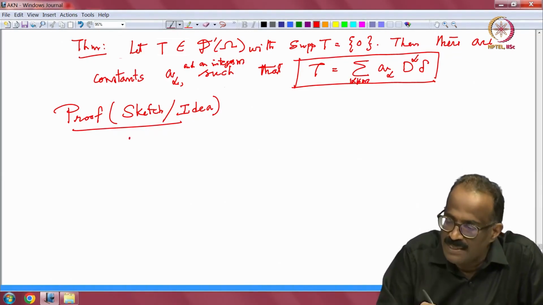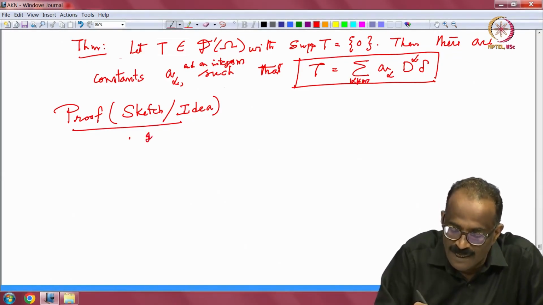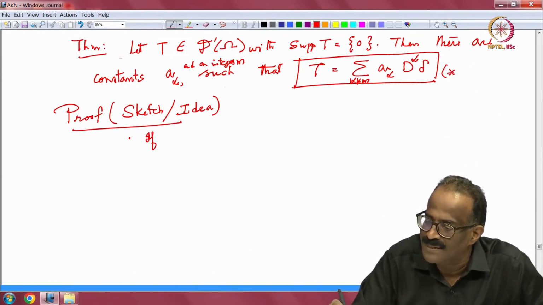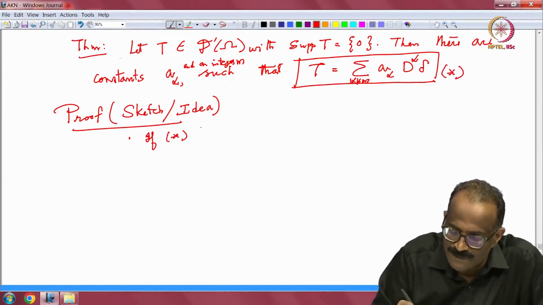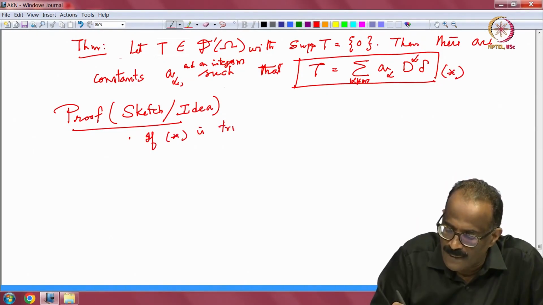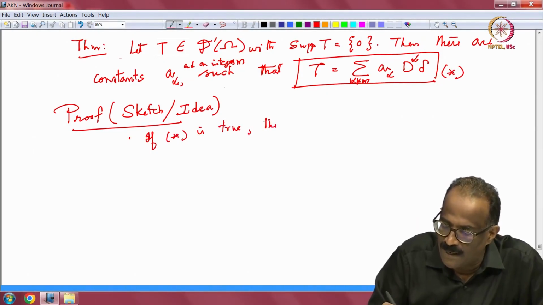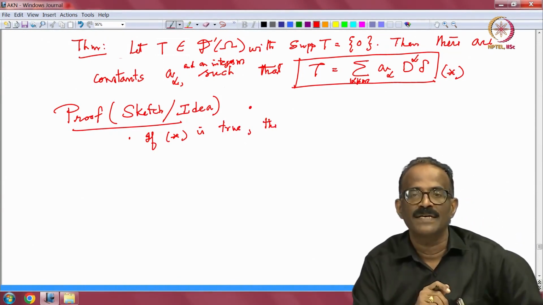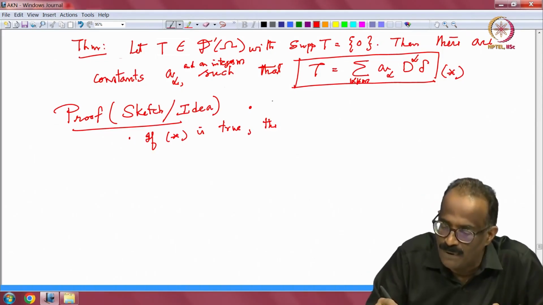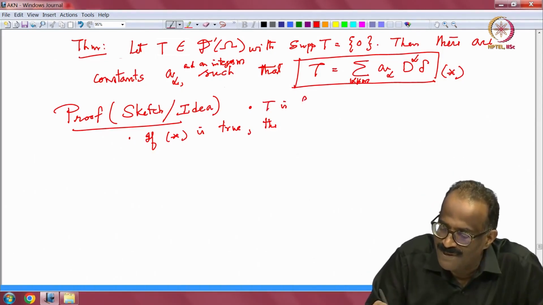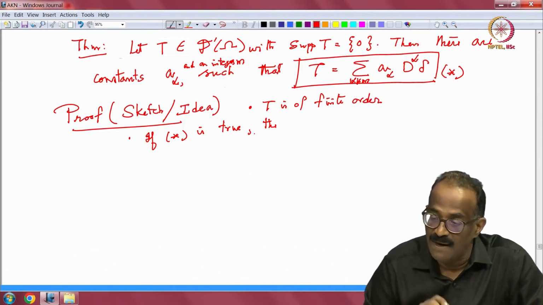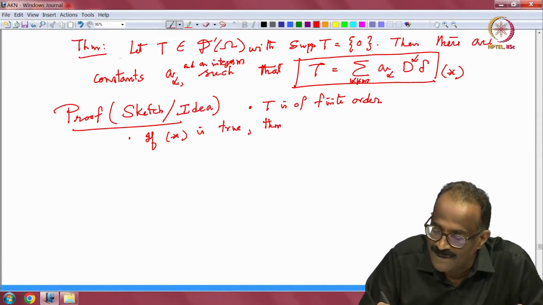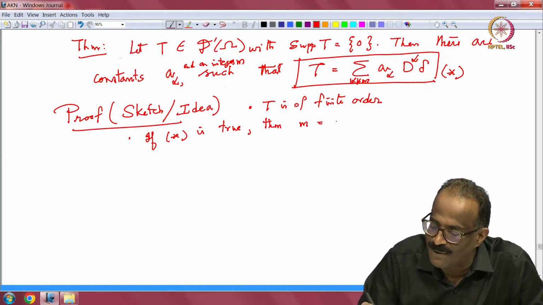So, the first observation: if star is true, then the first observation is that the support of T is 0, since it has compact support, T is of finite order.